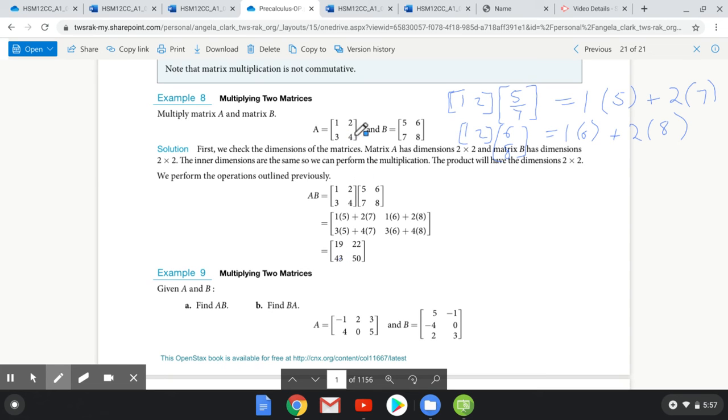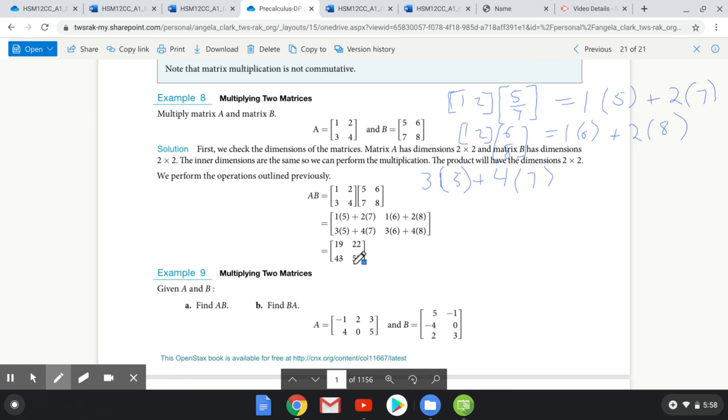So we need the second row of A, first column of B. So that would be 3 times 5 plus 4 times 7. So 15 plus 28. And we get our 43 that they have here.